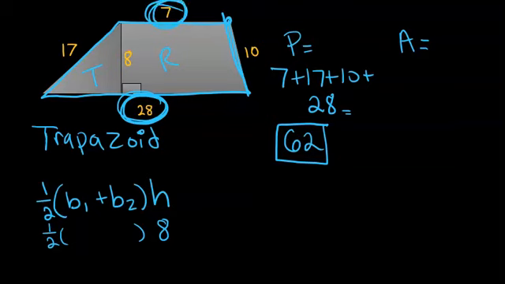Those two are not next to each other, they're across from each other. They're parallel, but they're different sizes. So we have to incorporate both of them together in the formula.